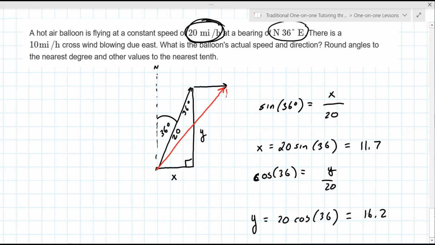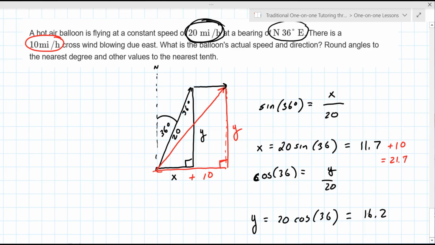Now, the way we get that, I think this picture will help here, is do you see how the Y is the same? Yeah. But the X now has this added piece, which is the 10. You see that? The X is now, so we have to add 10 to this number. That's 21.7.